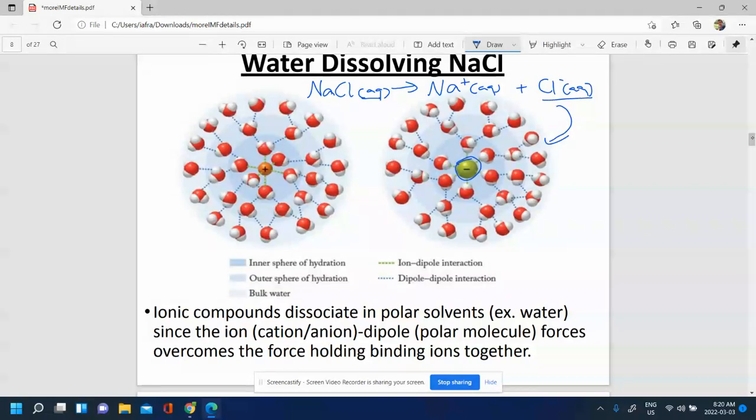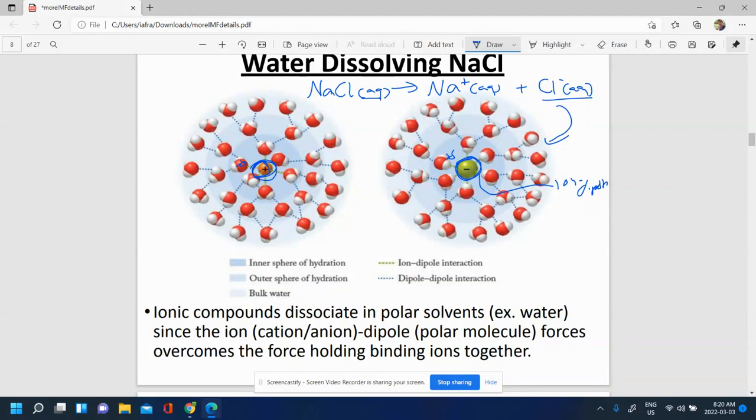You have this negative charge surrounded by the partial positive H's all the way around. And these are all ion-dipole interactions. And then here you have the positive ion surrounded by the partial negative oxygen.